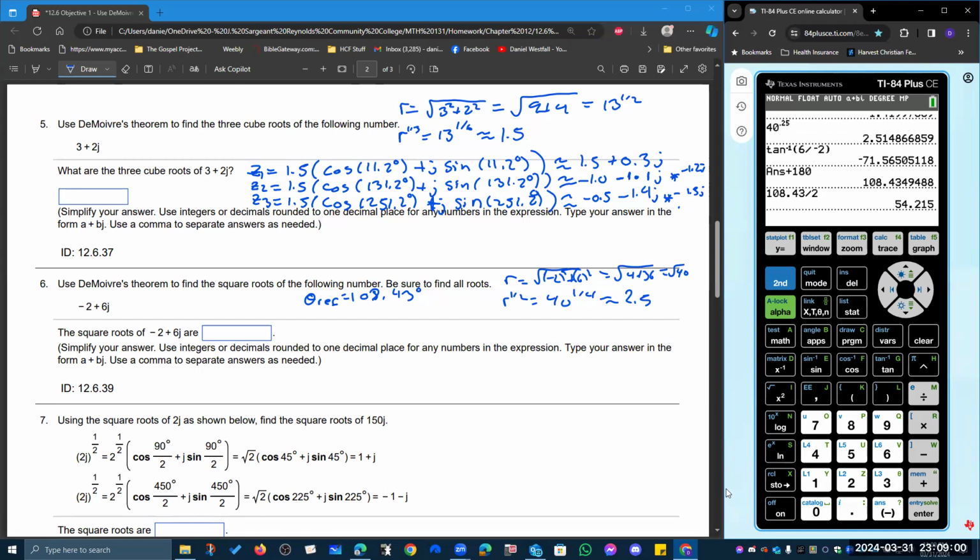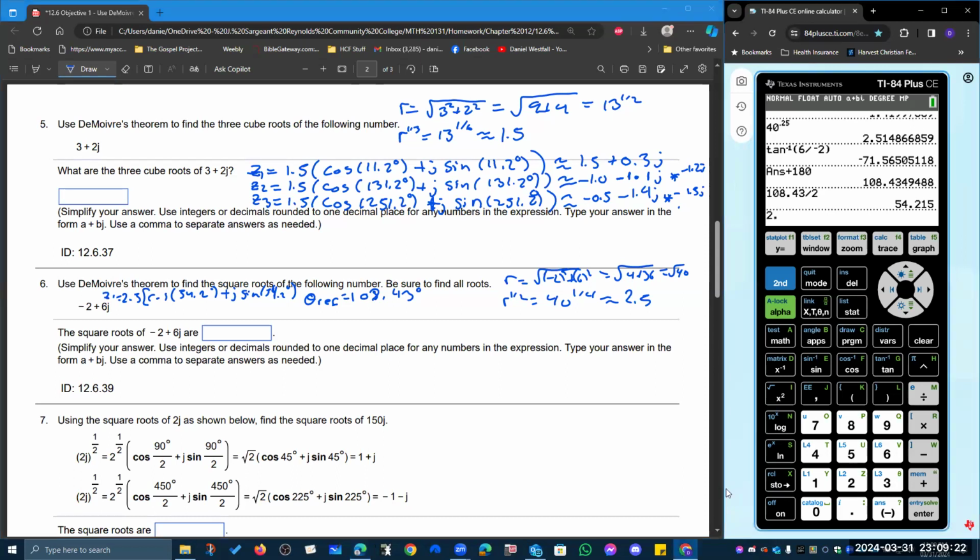So you get 2.5 times the cosine of 54.2 degrees plus j sine of 54.2 degrees. That's Z1.